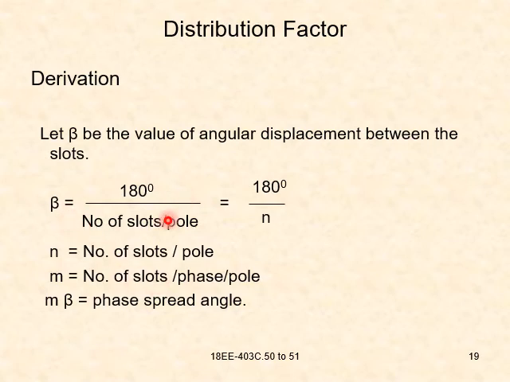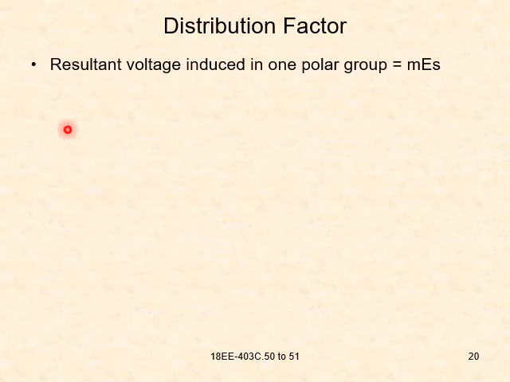So beta is equal to 180 by n, where n is the number of slots per pole and m is the number of slots per phase per pole, and m beta is the phase spread angle. The resultant voltage induced in one polar group is m into Es.